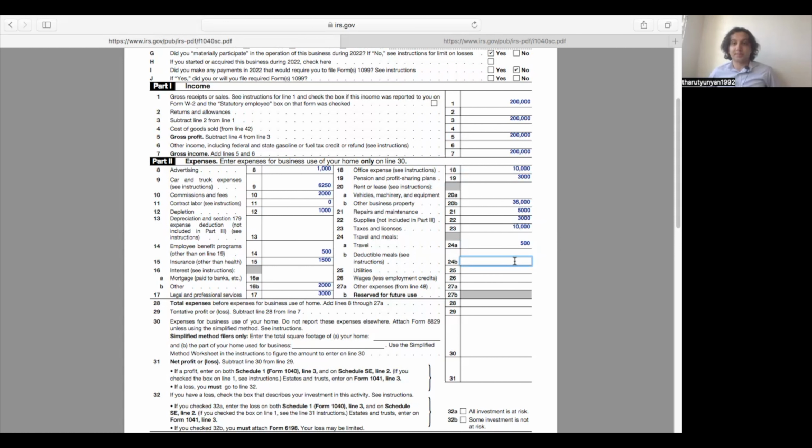Now, deductible meals are whenever you're meeting with a client or, I don't know, with a business partner, or you are traveling so far that you can't really go back home to have food. In that case, you can also deduct the meal as a business expense, but you can only deduct 50%. So for example, you had to travel out of state. Obviously, you can't go back home for your lunch break, so you have to go eat somewhere else, right?